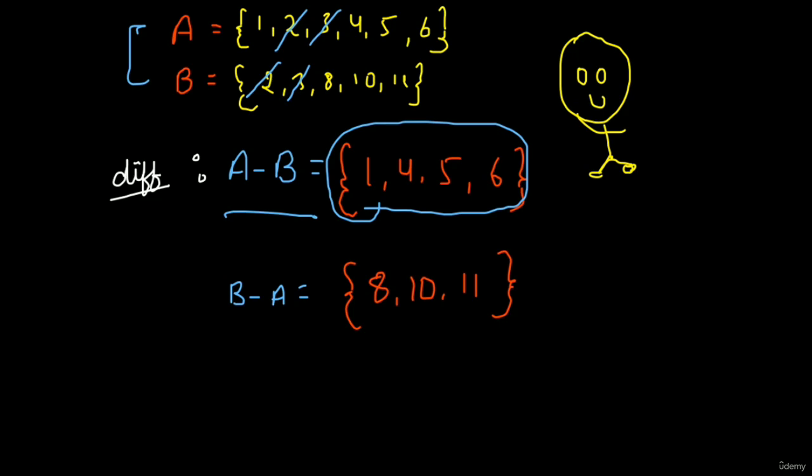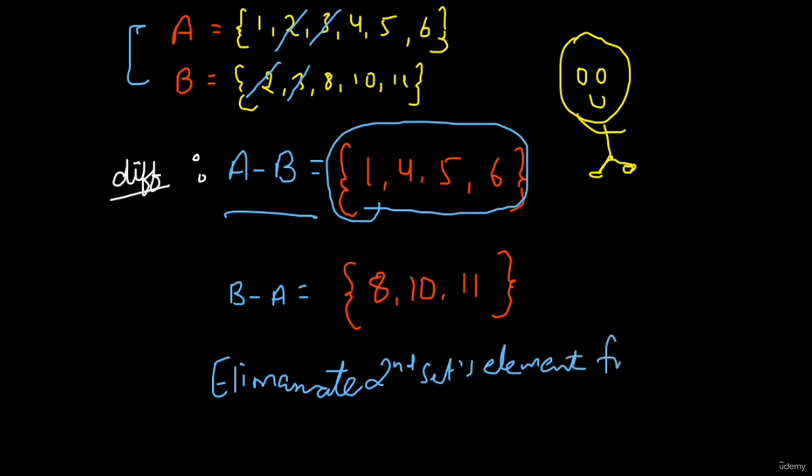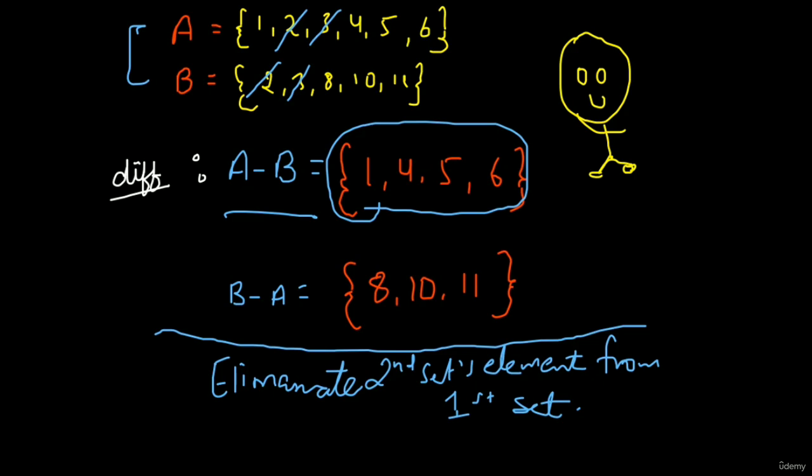So let me write that. Eliminate second set's elements from first set. I have not written it as A and B because this definition is going to work in both places. Okay, so we have understood this thing.